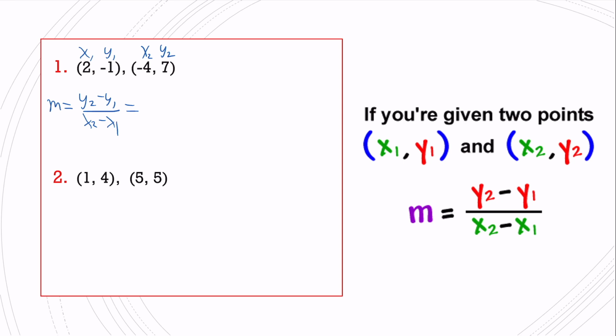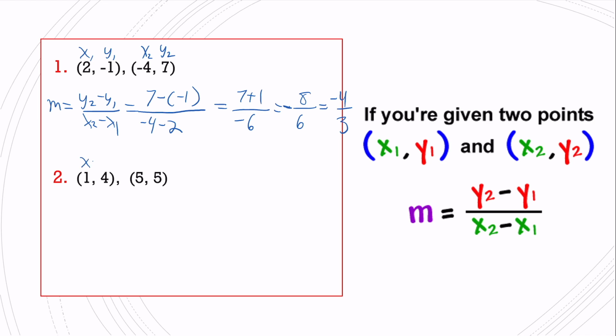So here I'm going to have 7 minus a -1 over -4 minus 2. 7 minus a -1, that becomes 7 plus 1 over -6. 8 over -6, so I have -8/6. This is going to look like it's going downhill. And I could simplify this fraction.